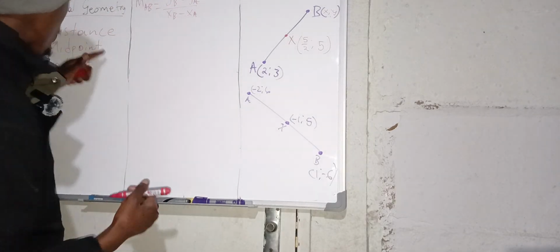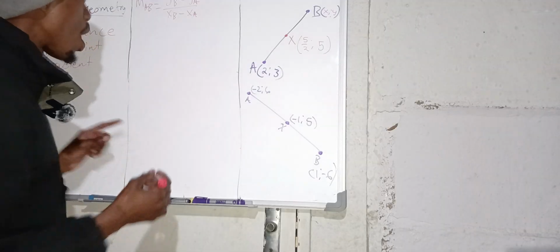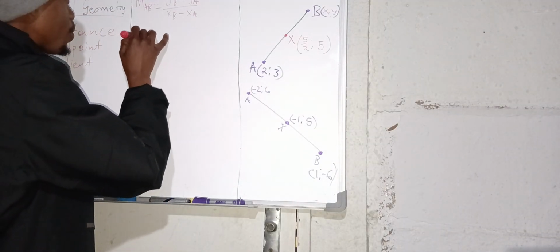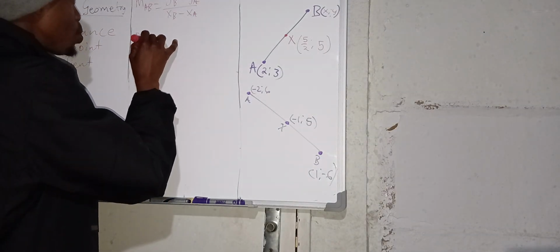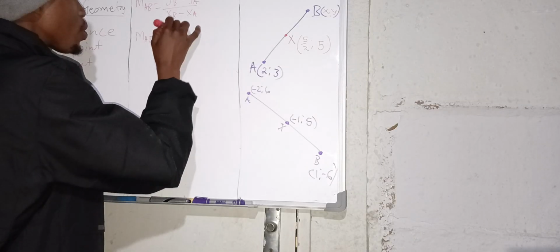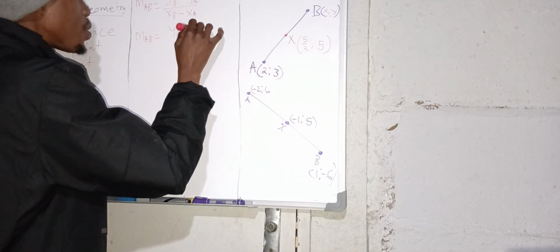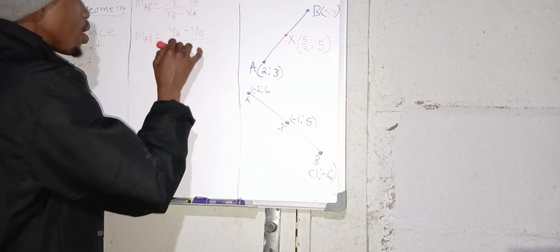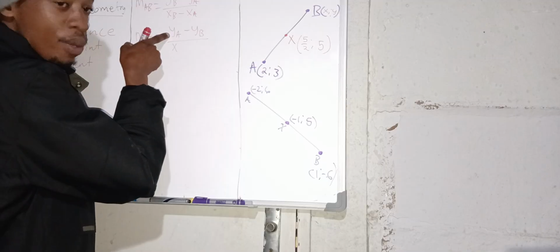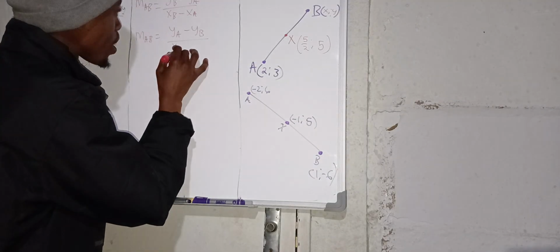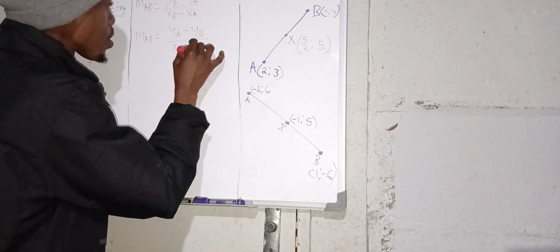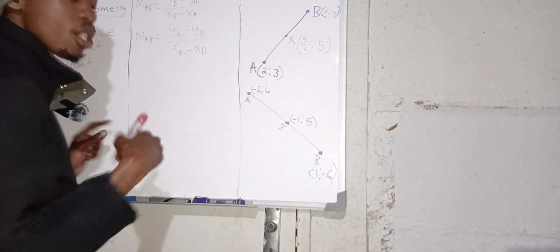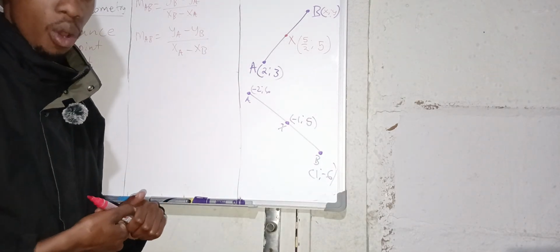The same is true again. If you remember what I did on the distance part, I said if you swap the two and rather start with YA minus YB on the top, in the numerator, you must also do it in the denominator to have XA minus XB. It is still going to give you the same slope.